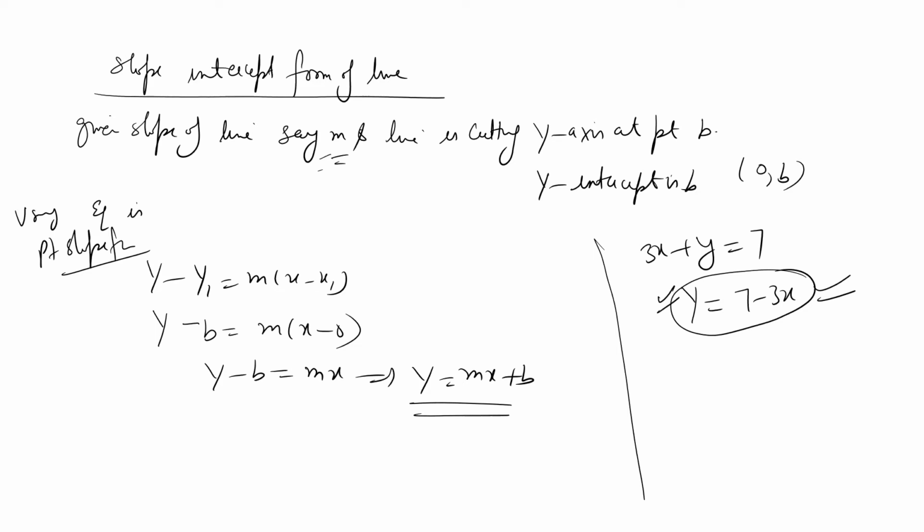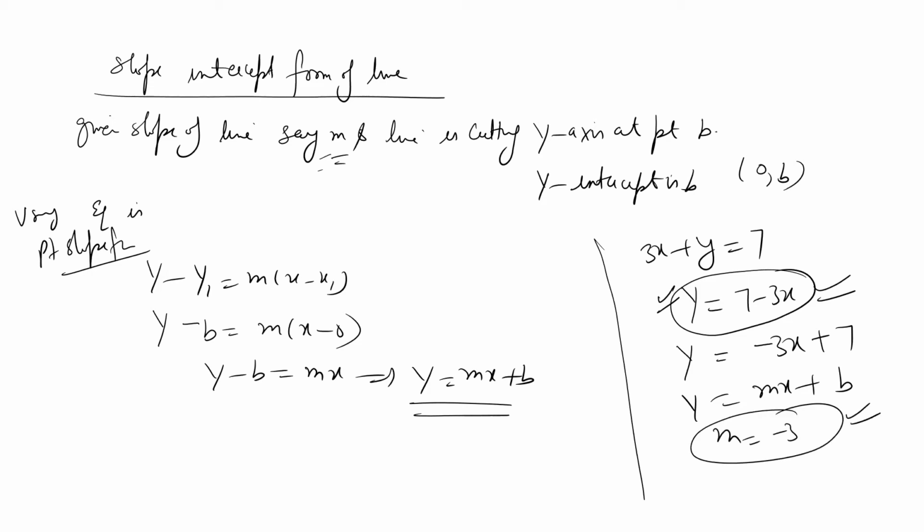If you observe this equation correctly and write the term of x first, and compare it with this equation, you can very well understand that the slope of this line is minus 3, and the y-intercept is 7. So you're already familiar with this equation.